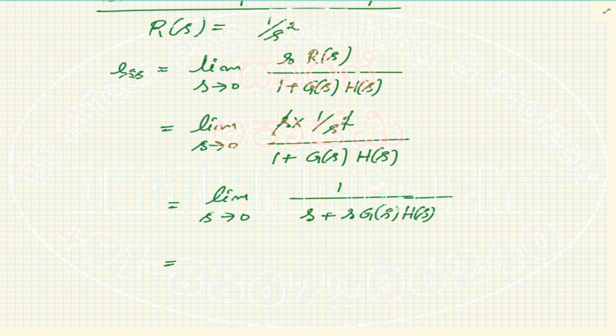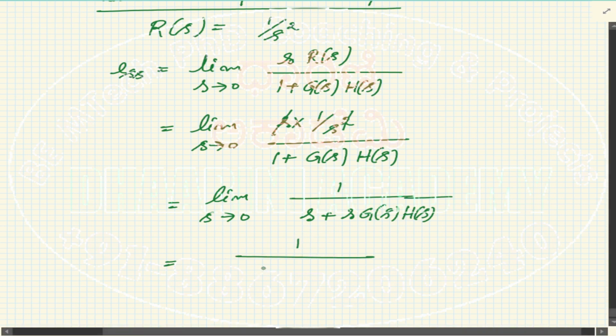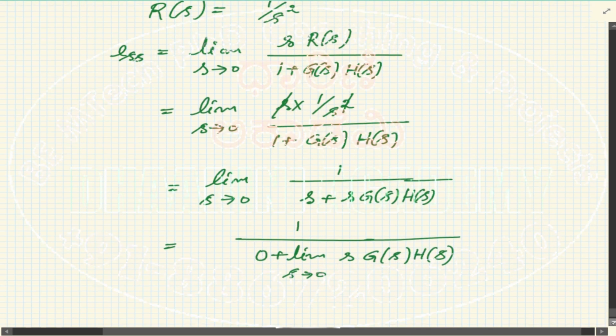So for that reason, this is equal to 1 divided by 0 plus limit s tending to 0 of s into g of s into h of s. We are not going to make this 0 simply because s goes to 0.